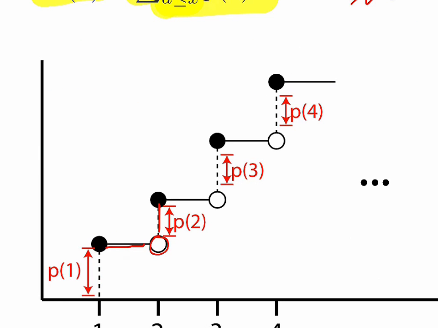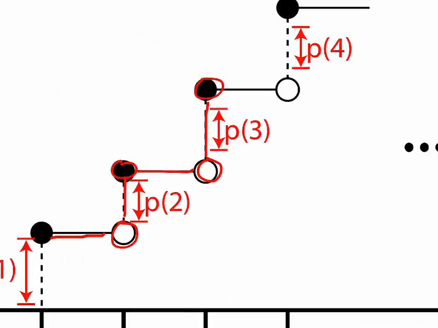But this is the reason why I'm going through this so carefully, as you'll see in a minute. So basically, at each next integer, it's open at this point and closed at this point. It jumps up to the next value and it stays there.